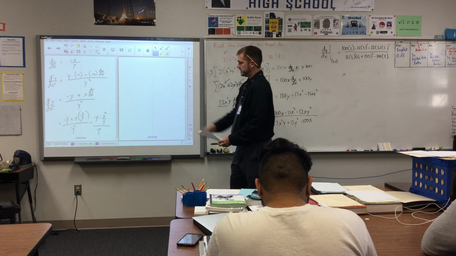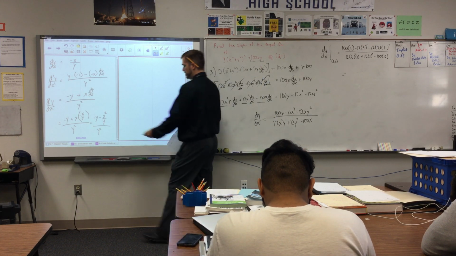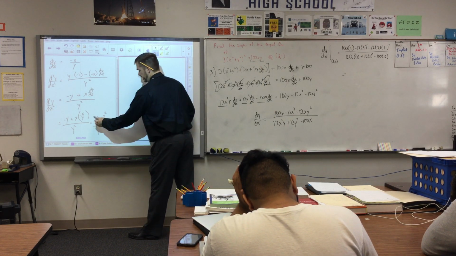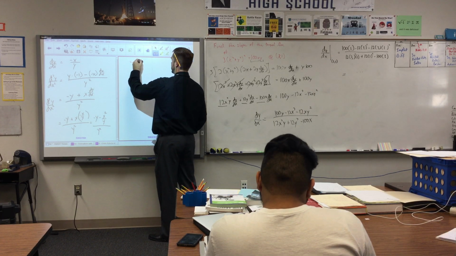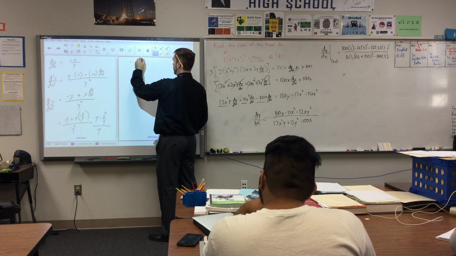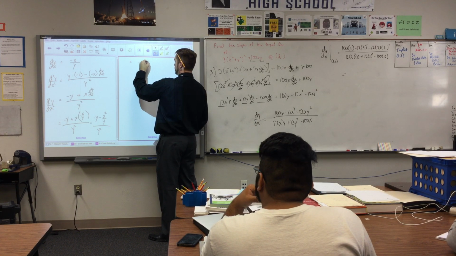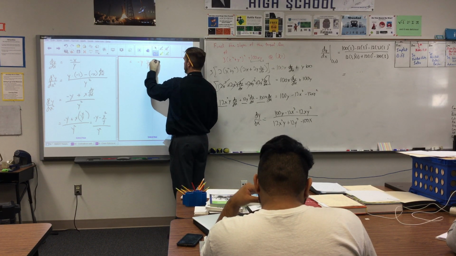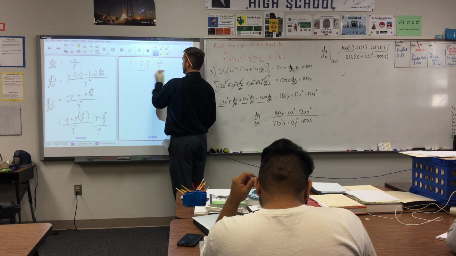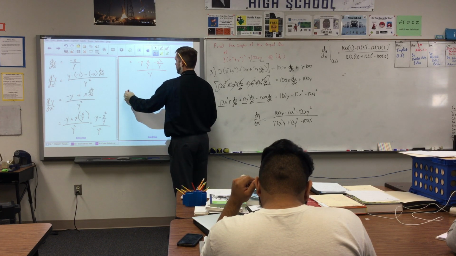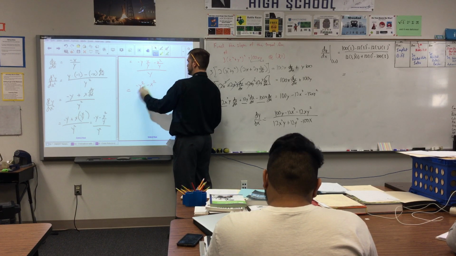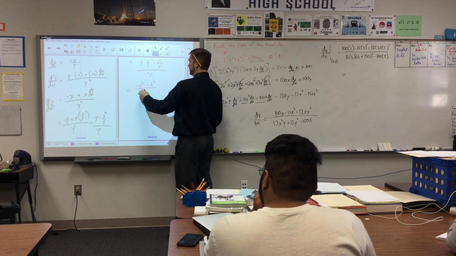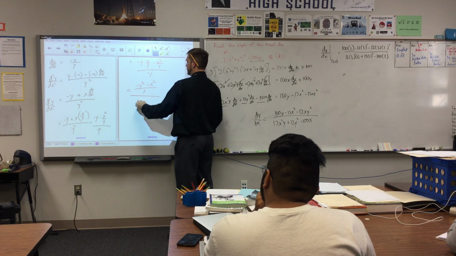And I just can't stand to see fractions of fractions there. So we'll multiply the first term by y over y. So we've got negative y times y over y, minus x squared over y, divided by y squared. So we have negative y squared minus x squared, all divided by y, all divided by y squared.